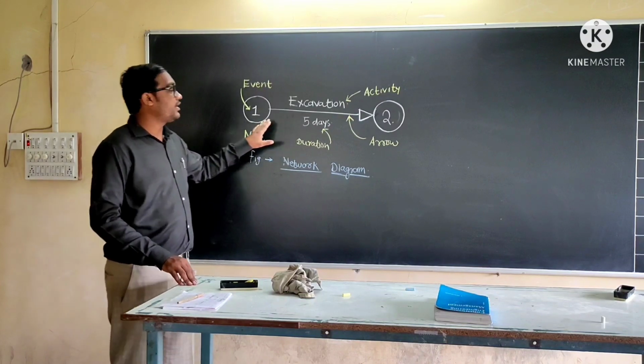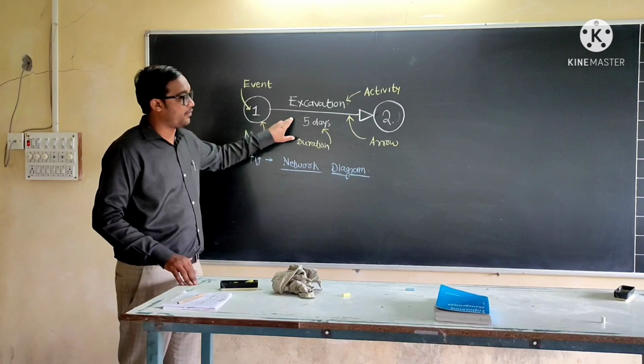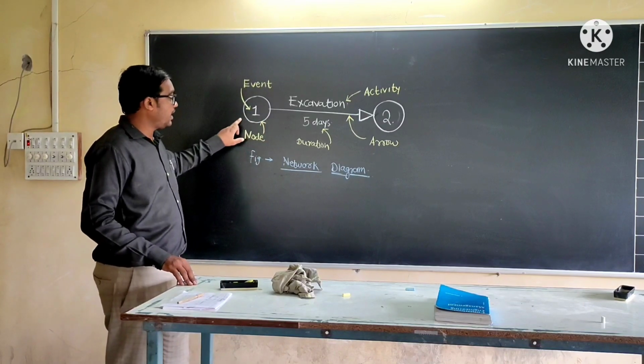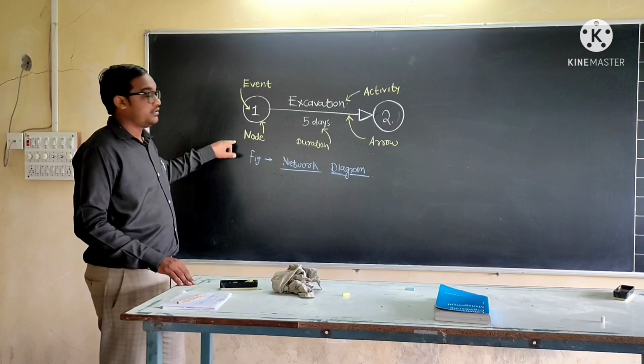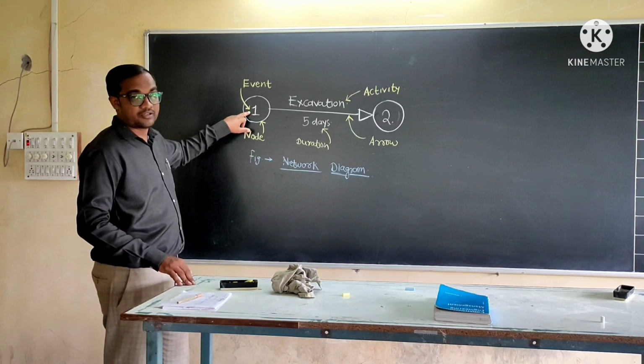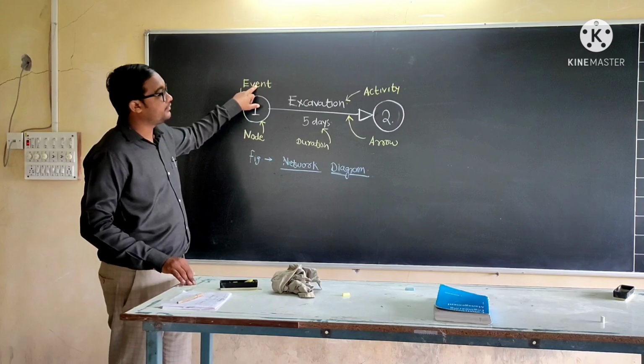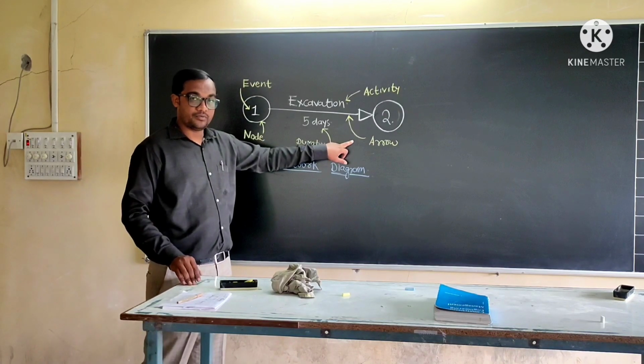This network diagram consists of circles and arrows. A circle is called a node. The number written inside the circle is called an event. This is an arrow.